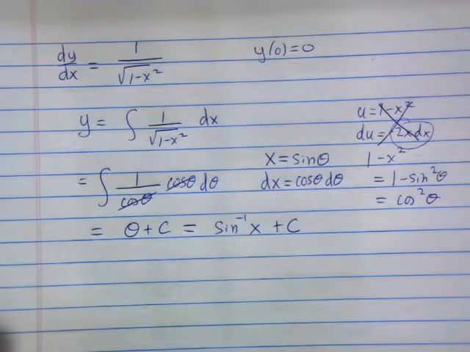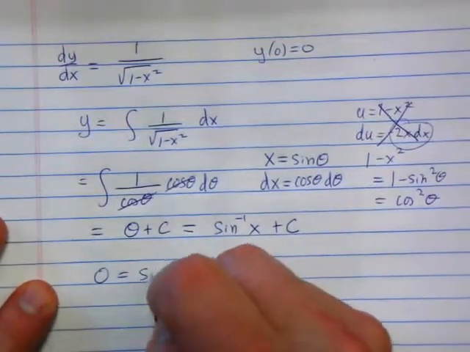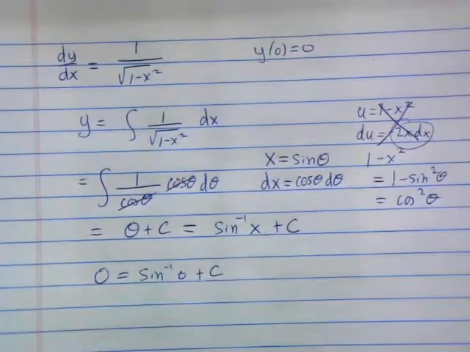All right, initial condition. 0 equals sine inverse of 0 plus c. What's the sine inverse of 0? It is not 1. 0? You don't say that with confidence.